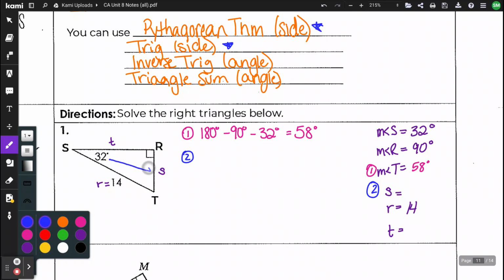I'm going to start from that 32. S is the opposite side. T is the adjacent side. And 14 is the hypotenuse. We're solving for S, and we have our hypotenuse. Opposite and hypotenuse mean sine. So the sine of 32 degrees is S over 14.